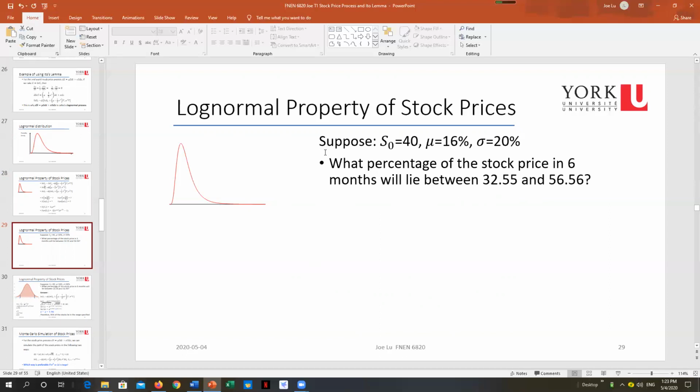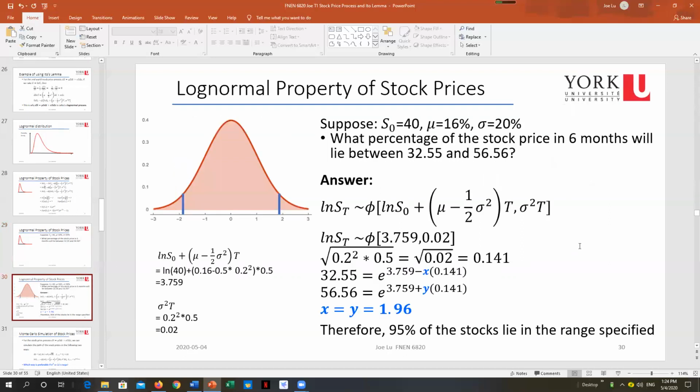Well, in this case here, we assumed the stock price follows a log normal process. If that is the case, then from what we have seen earlier, log of S_T, T here being 6 months later, which means this big T is 0.5, follows a normal distribution here, okay?